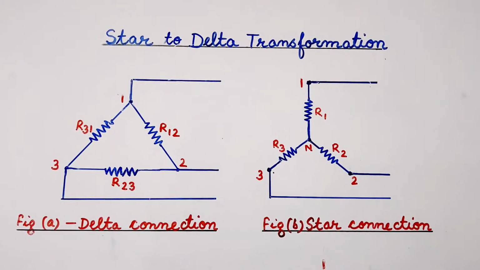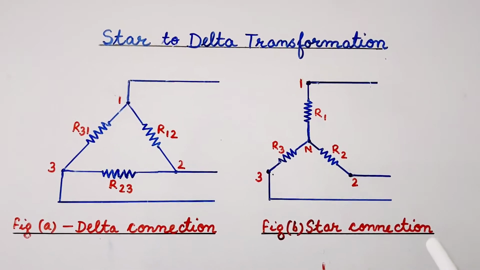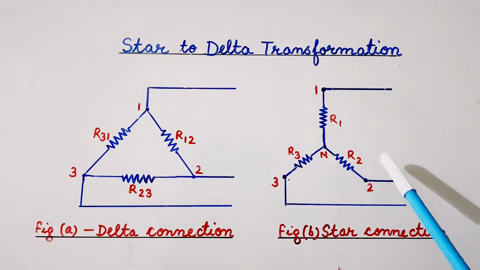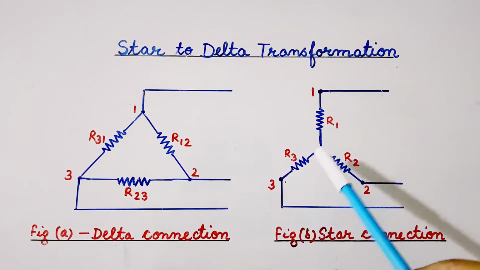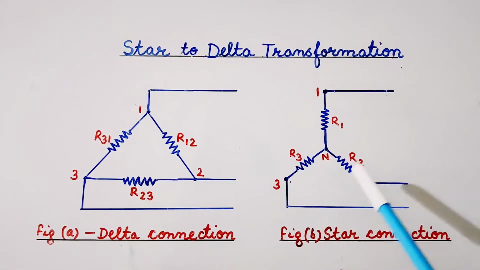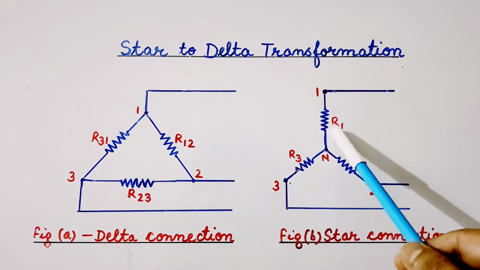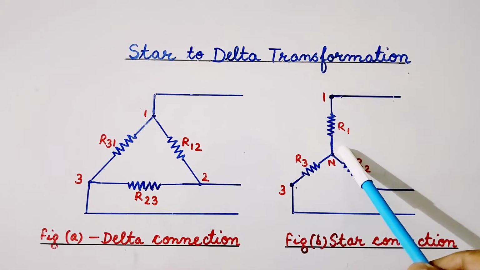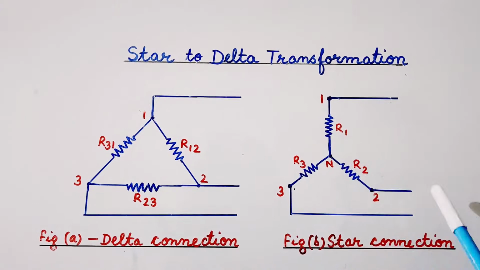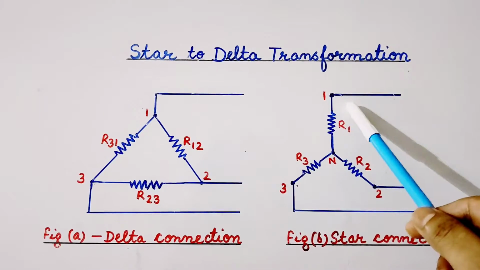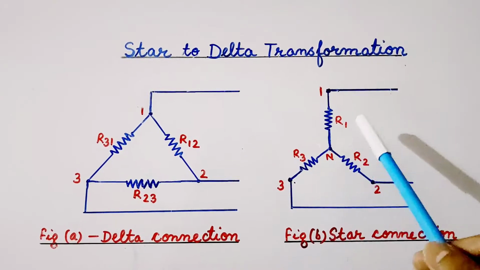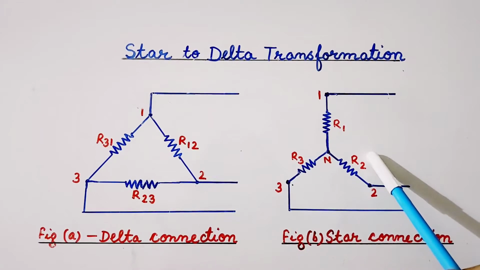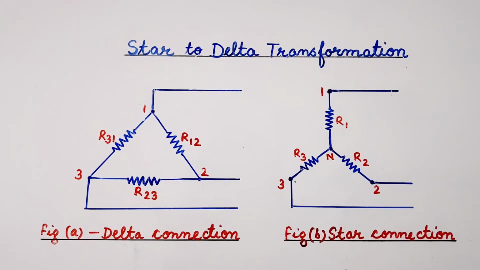Now let us see what we mean by the star connection. In star connection, if we are given three resistances R1, R2 and R3 and we connect them in such a way that one end of each of these resistances is commonly connected at one point and the other ends of these three resistances are connected to the terminals 1, 2 and 3, then this type of connection is called star connection, which is also known as the Y connection or T connection.